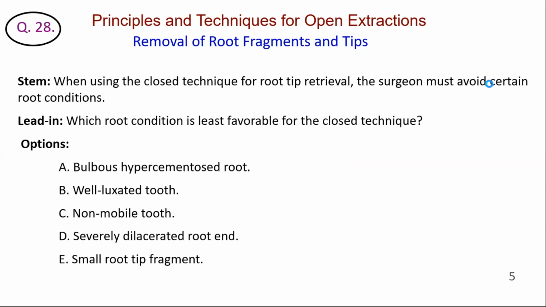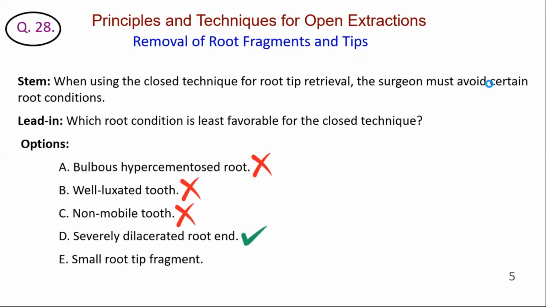When using the close technique for root tip retrieval, the surgeon must avoid certain root conditions. Which condition is least favorable for the close technique? Less favorable due to bony interference. Less favorable for the close technique. Less favorable as it hinders the close technique. This is correct.